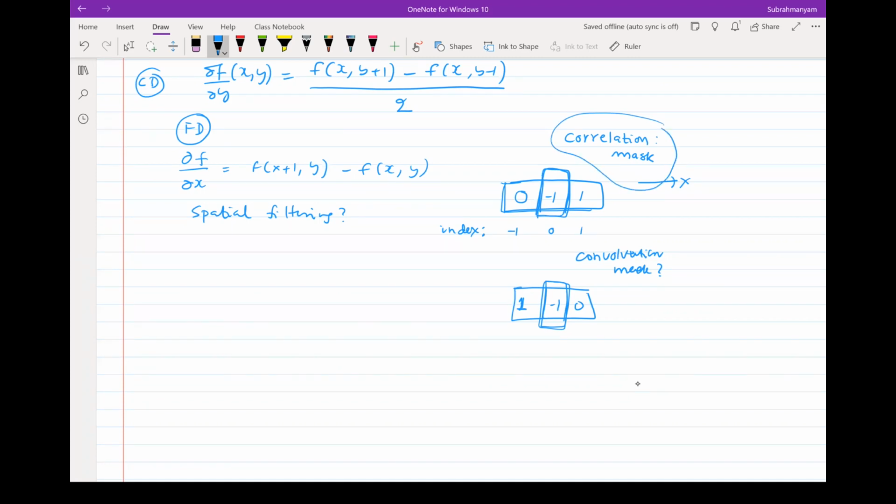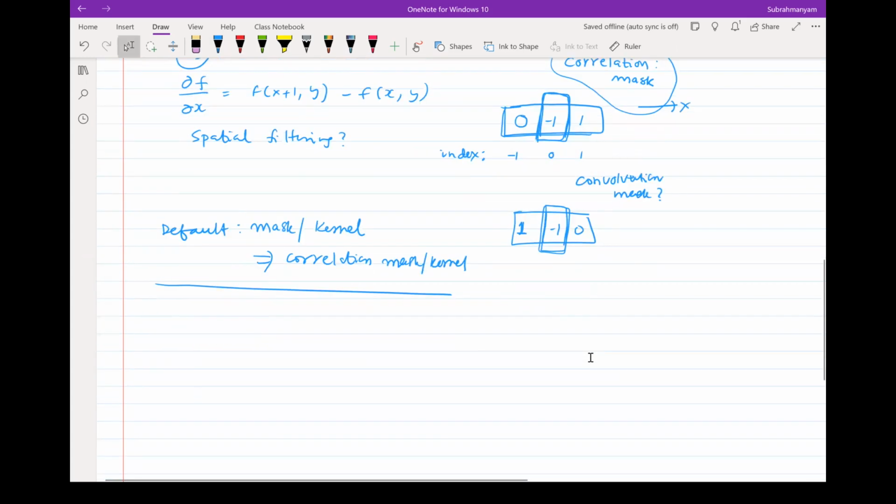If I just simply say a mask or a kernel, then you assume it's a correlation mask or kernel, for the sake of convenience. This is the notation that we are going to follow here. Hope this is clear so far. Yes, sir. Very good.